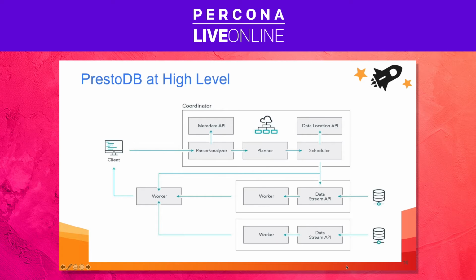For example, it receives the queries from the client, analyzes the queries, uses the metadata to find out the best way to get the details about the query, and then plans it and schedules it onto one or more workers. Workers in turn will be connecting to the individual data sources that you can see on the right hand side, get the data, and if there is a join, then join the data within the Presto workers, and then finally give it to the client.